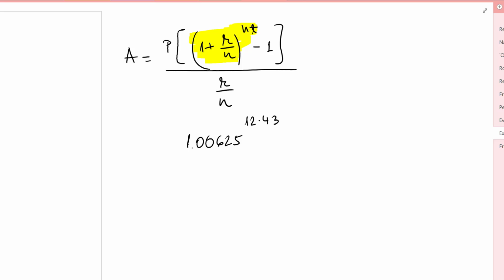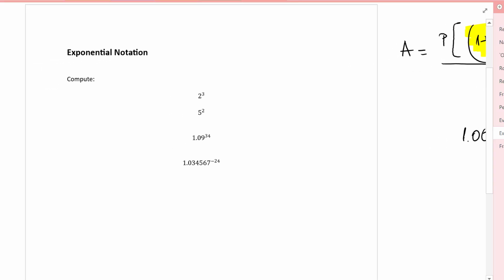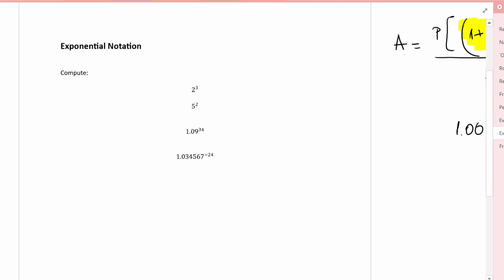So we will try to do some exponents with the calculator. Before we do some complicated computations, let's do some easy ones. Let's say you have to calculate 2 to the third.